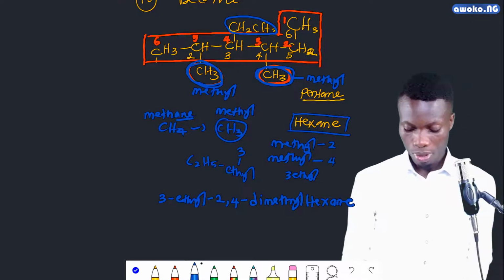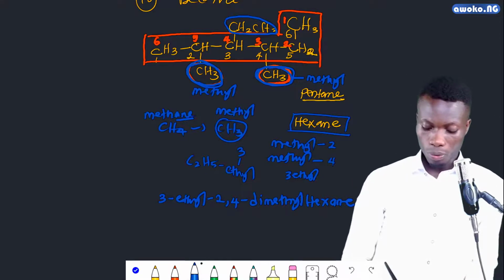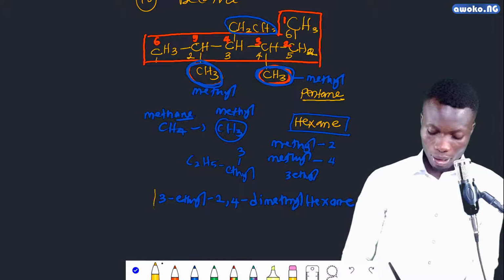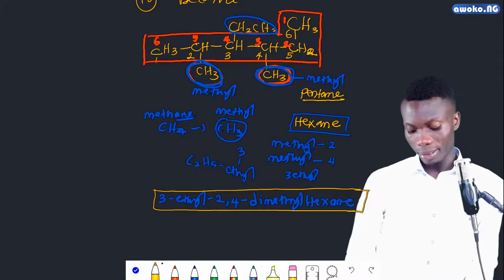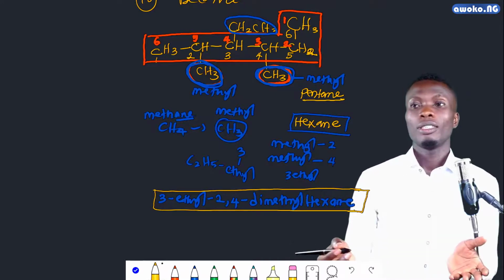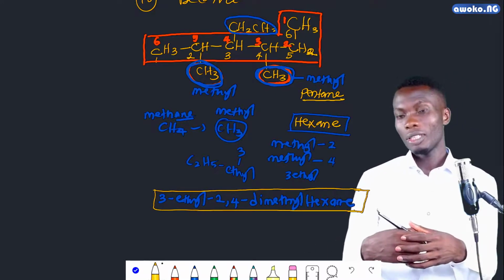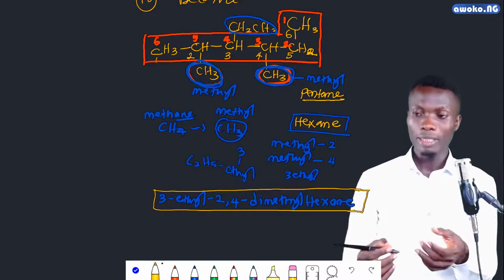There is no gap between the methyl and the hexane, so they are both together. So we can see that we have successfully named this compound as 3-ethyl-2,4-dimethylhexane. So on the moon, on the sun, at Pluto, in London, this structure will be named 3-ethyl-2,4-dimethylhexane.